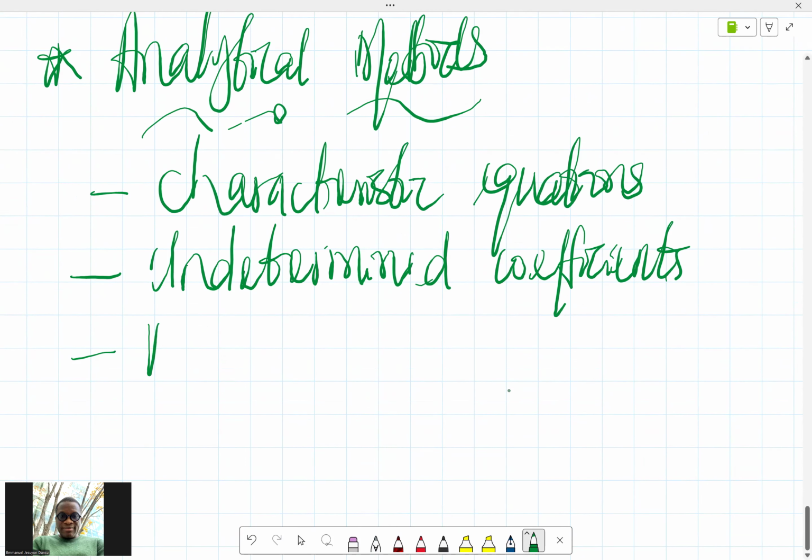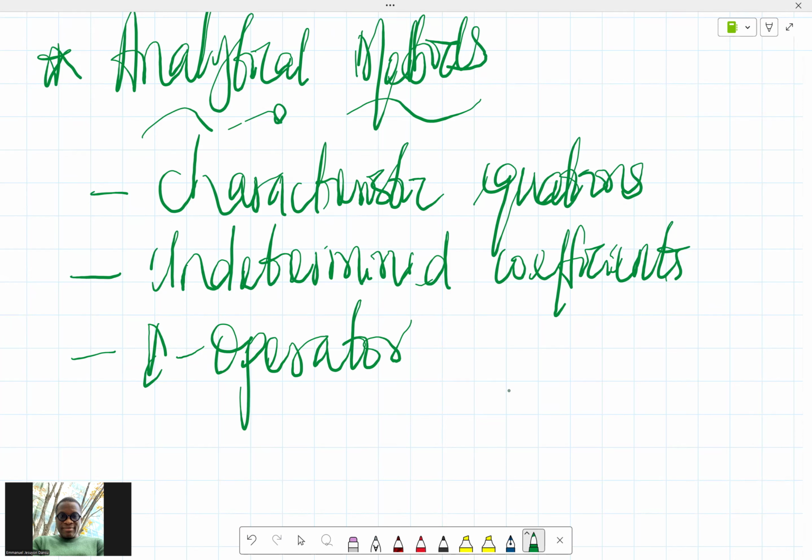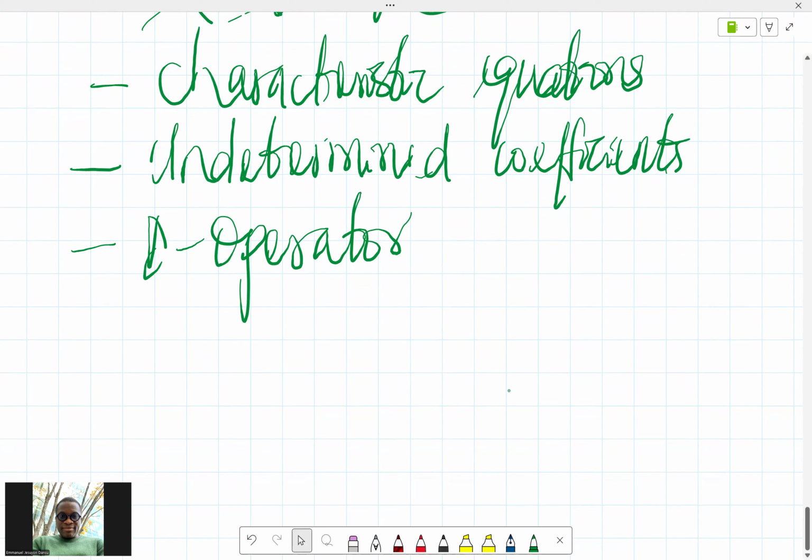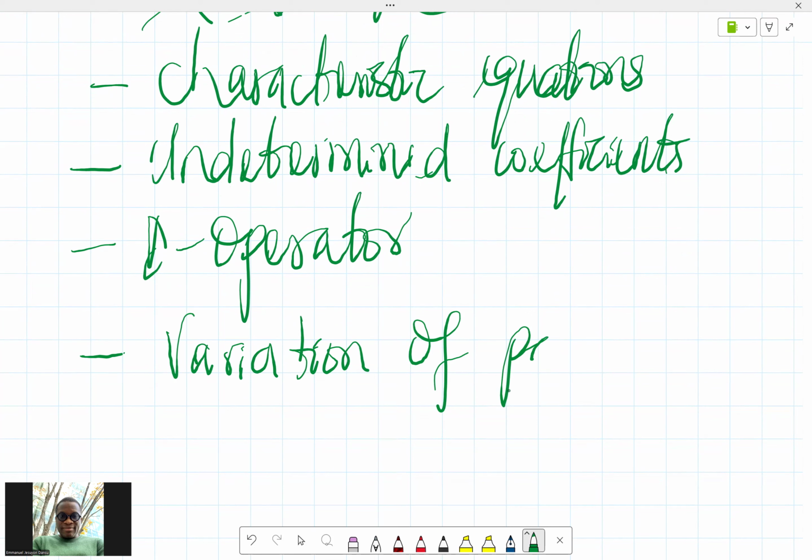Then we also have the D operator, like I said before, also for the non-homogeneous parts. Then we also have the method of variation of parameters. So these are all analytical methods.